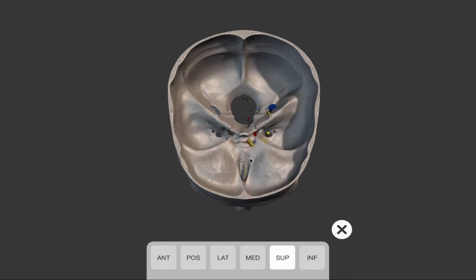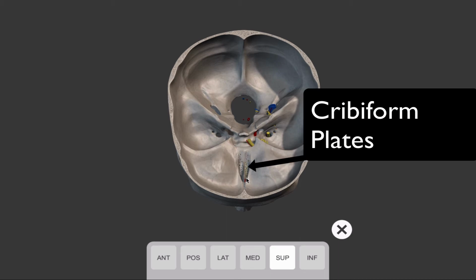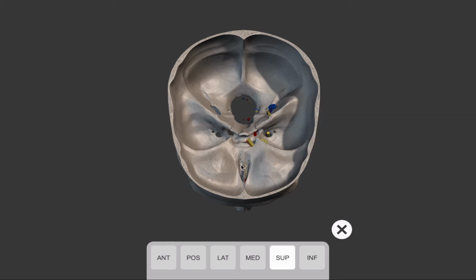And then on either side are 2 plates that have holes in them that are called the cribriform plates. And these holes are for neuron projections to go down through into the roof of the nasal cavity. They project off of the olfactory bulbs that are located right here, and they serve as the receptors for smell.